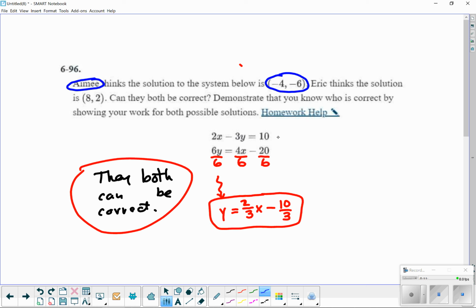Watch the top equation. So first of all, top equation, I'm going to go ahead and subtract 2x. So it will be negative 3y equals subtract 2x plus 10. You can divide them both by negative 3.